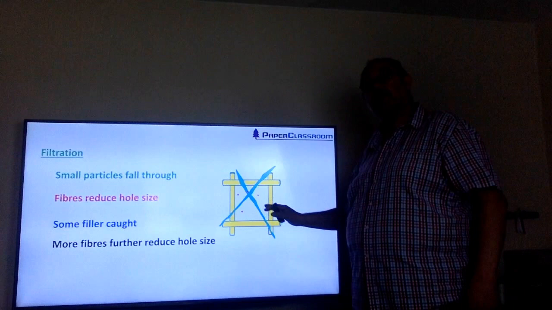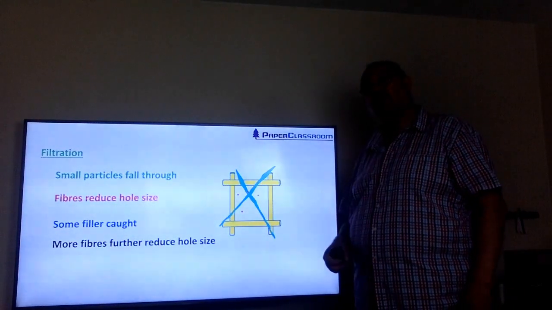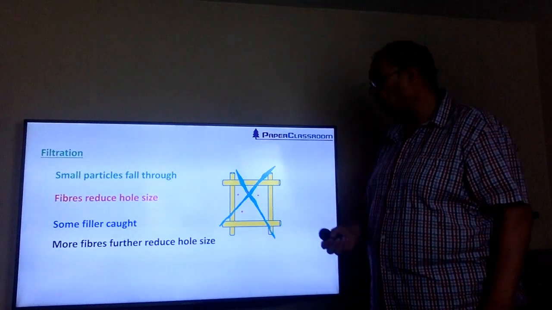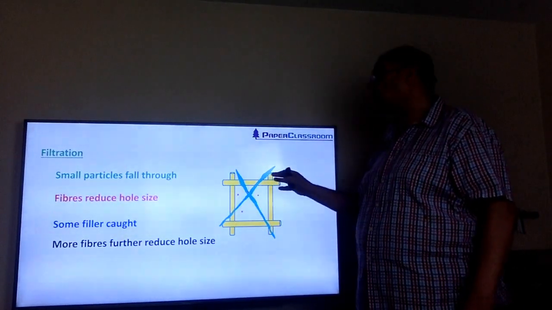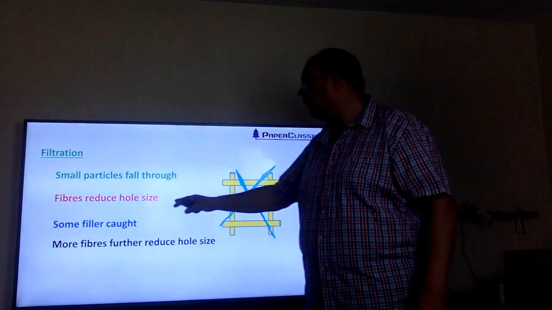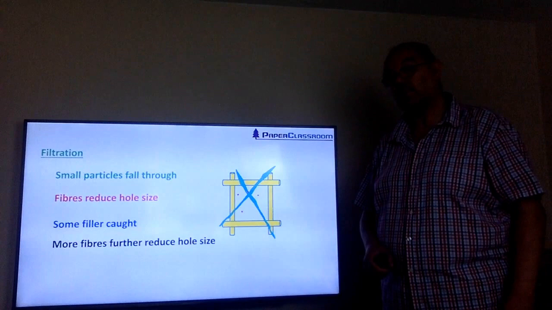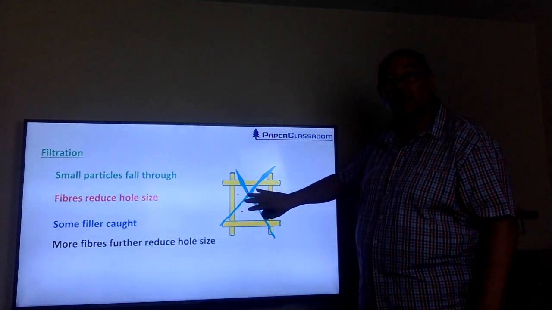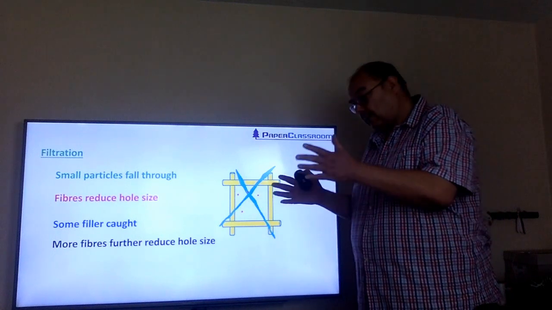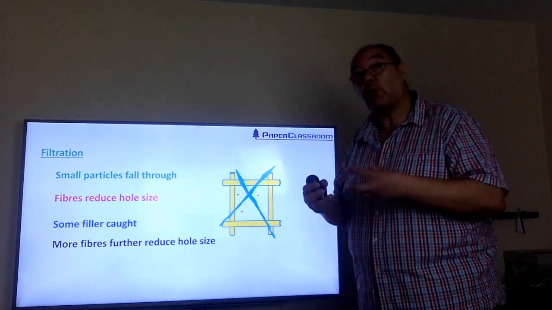As fibres start to form on the mesh, the holes that are available will start to become smaller and smaller. And as more layers of fibre build up, the holes will become smaller and smaller. And this will enable the filler particles to get caught. So as the layers build up, the amount of filler particles that get caught is going to increase.